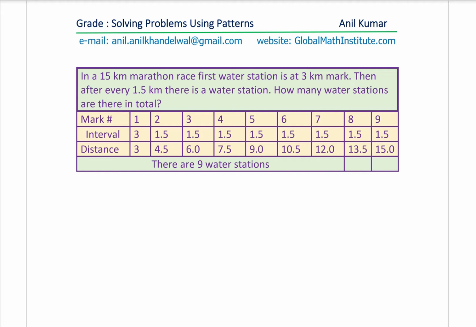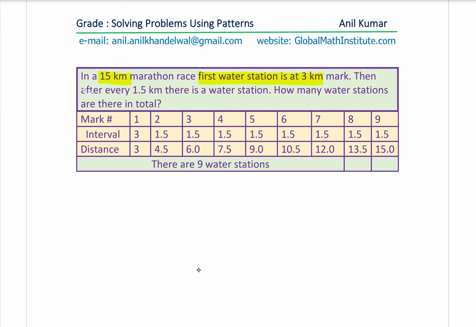Let's read the question once again. It says, in a 15-kilometer marathon race, first water station is at 3 kilometers. So when I'm making a T chart, see what I'm doing? I'm putting the marks here, right? We read the question earlier, so we know what is expected. In a 15-kilometer marathon, I would like to go to 15, but how many marks we are interested in, that is what we put on the top of the table.